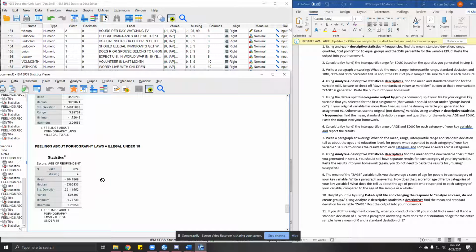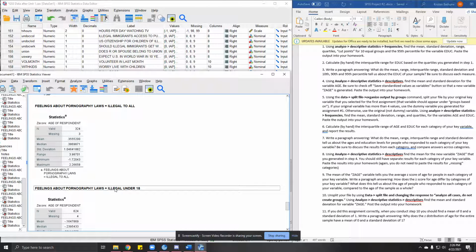Well, let's think about this. Remember, if you have a z-score of 0, that means that you are the average. Anything above 0 means you're above average, and anything that's negative means you're below average. So for my results here, people who think that pornography should be illegal for everyone are slightly above the average age of people for the entire sample.